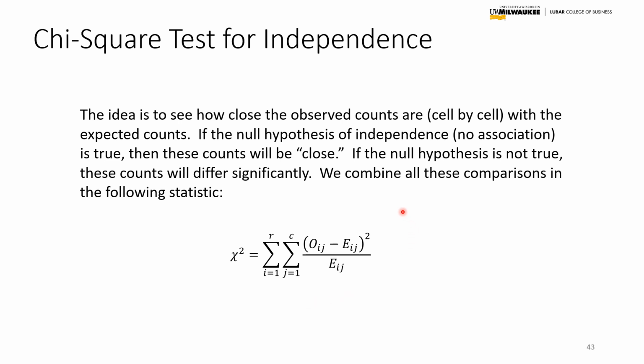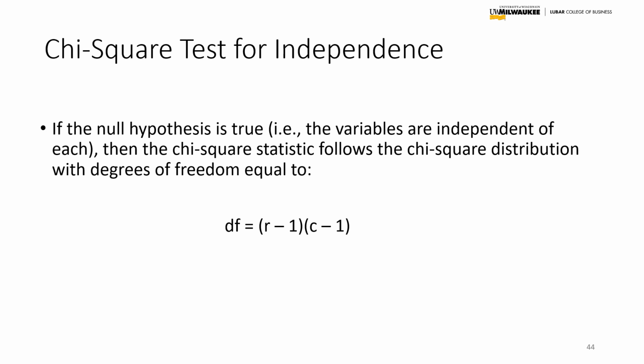And when we add them all up, we get a statistic that's called a chi-squared statistic. If the null hypothesis is true, then the chi-square statistic follows the chi-square distribution with the degrees of freedom equaling r minus 1 times c minus 1.